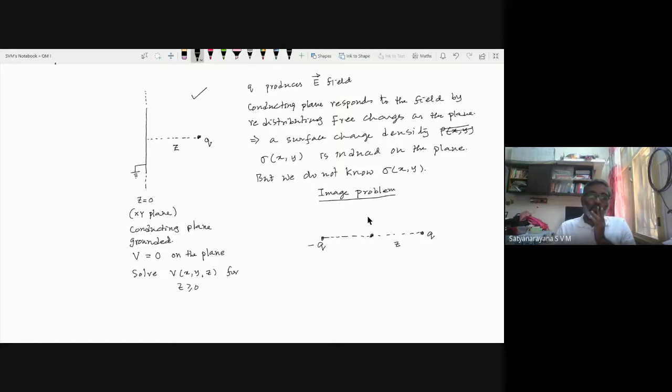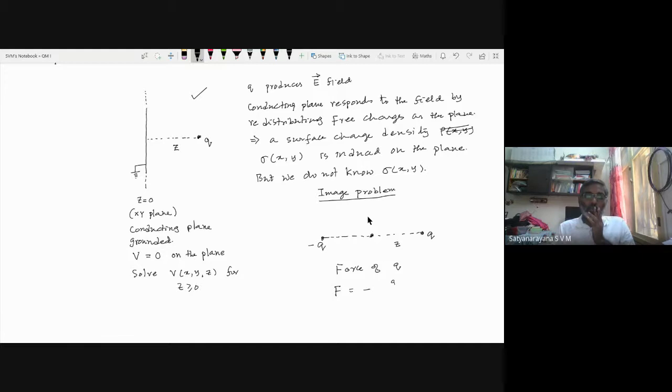Now you ask, what is the force experienced? Force on q is given by the same electrostatic force. So F is equal to, you can say that this is minus, it will be an attractive force.